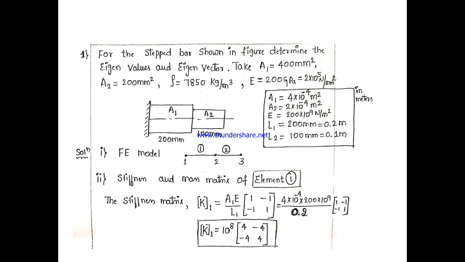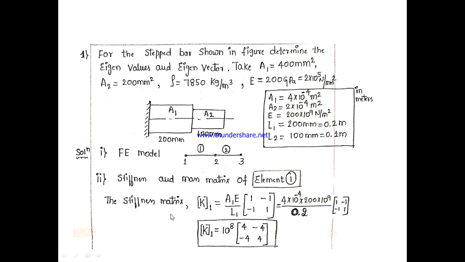For our problem we go with the consistent mass matrix because it gives more accurate results compared to the lumped mass matrix. But for complicated, big structures with a large number of parameters, we go for the lumped matrix. This is a very simple problem, so I am going for the consistent mass matrix.